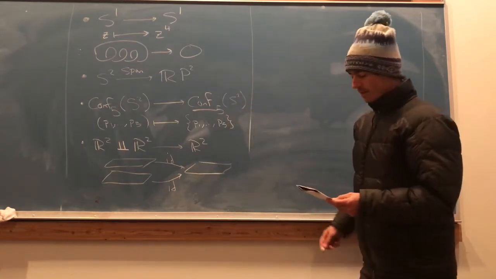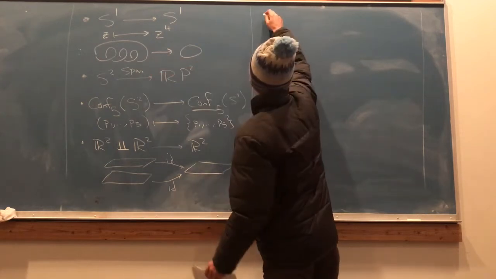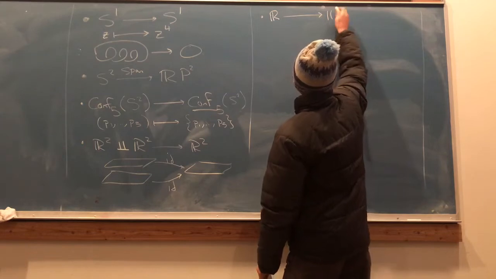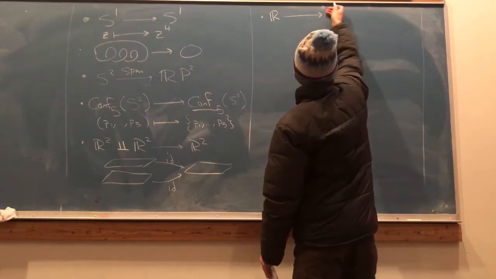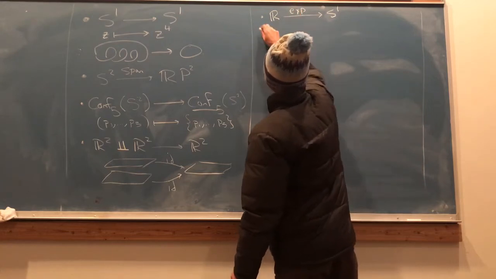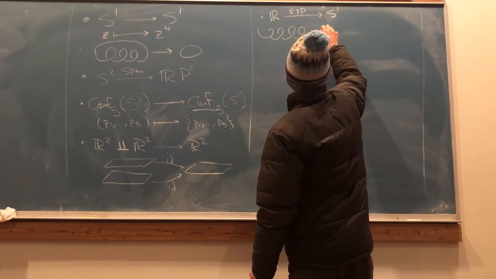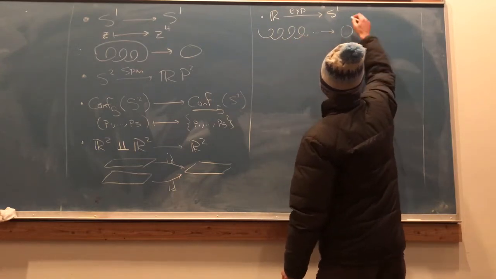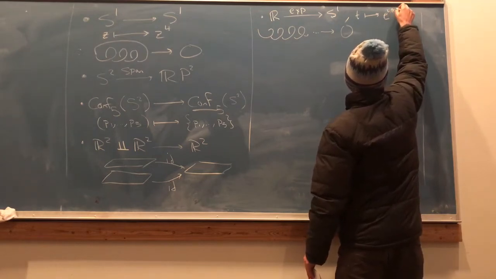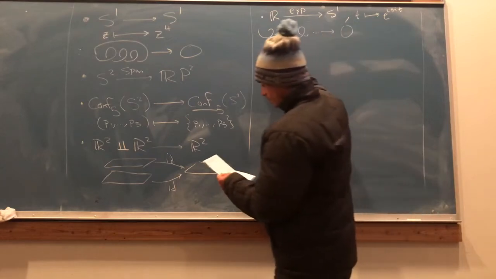Here's some more examples. Generalizing this winding one is the fully unwound version of the circle, but that's just the real numbers mapping to S1. Here's another example.